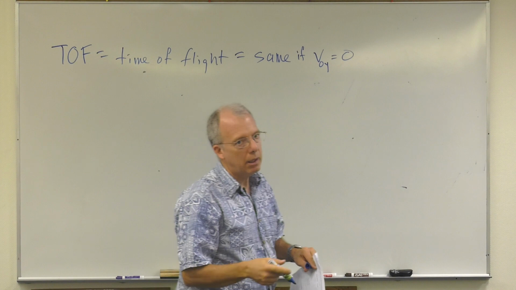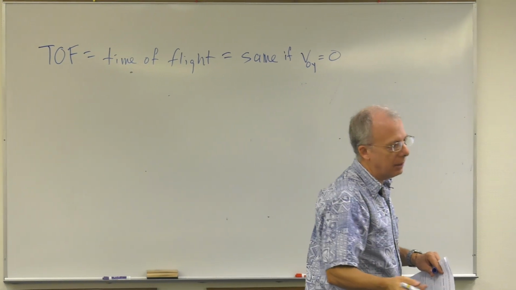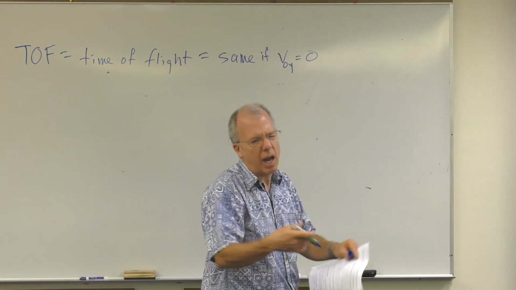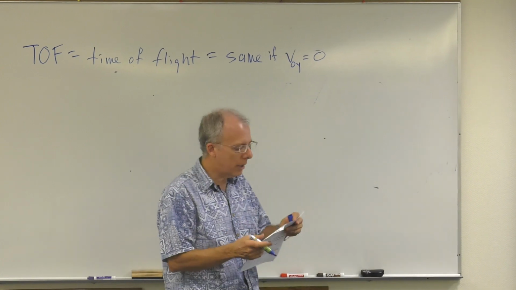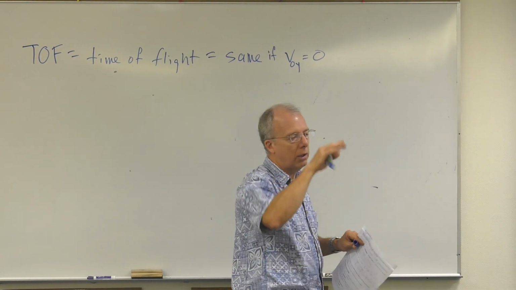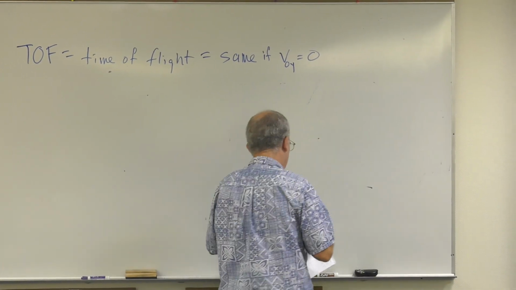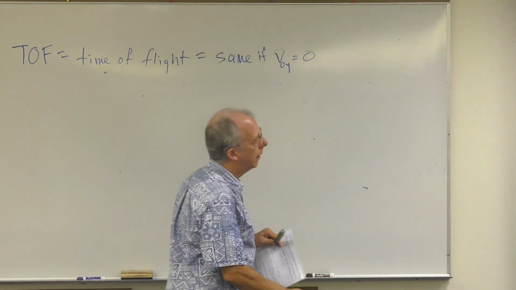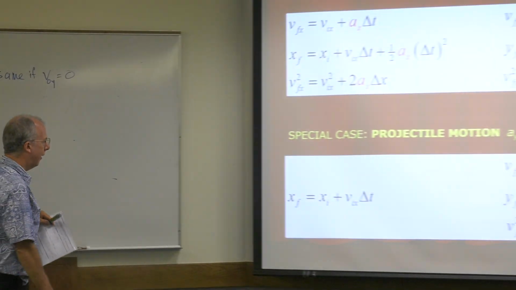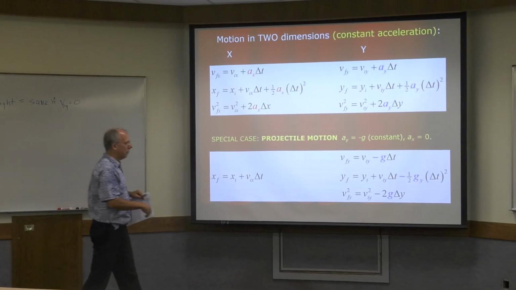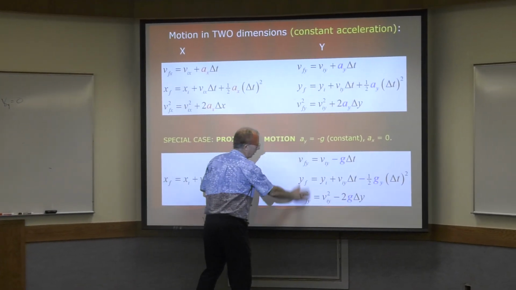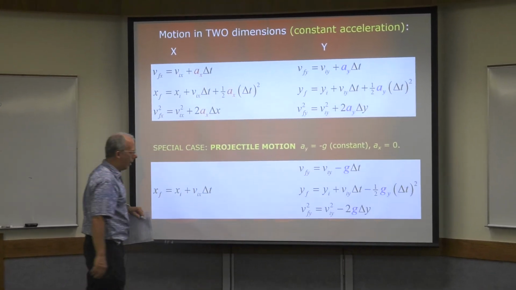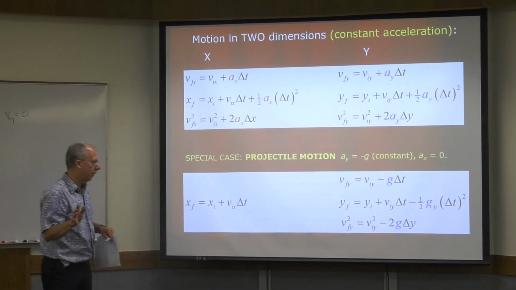Now, typically, when you're asked to prove something like this, this is kinematics: time, velocity, acceleration. So you want to look at one of your three kinematic equations. This is free fall, so we want to look over here.